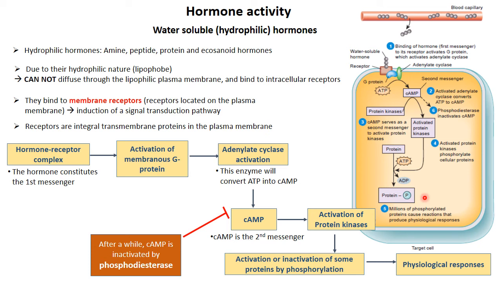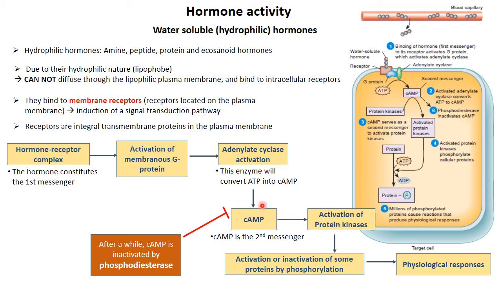Once this response starts, after a certain moment, we will have the activation of an enzyme called phosphodiesterase. This phosphodiesterase will come and inactivate the cyclic AMP, and as a consequence of its inactivation, the signaling cascade downstream of it will be arrested, and so the response of the cell to the hormone will be stopped.